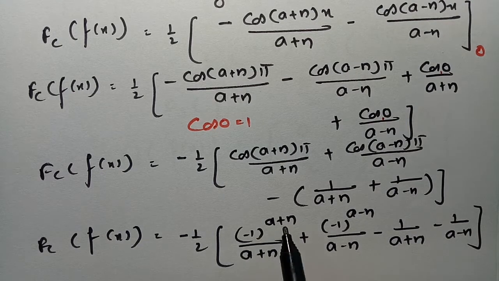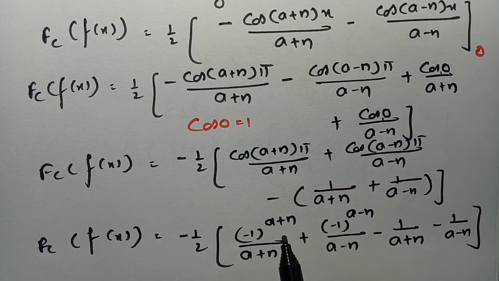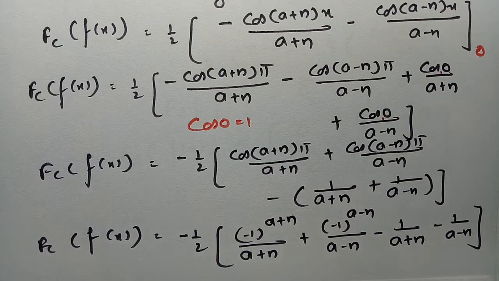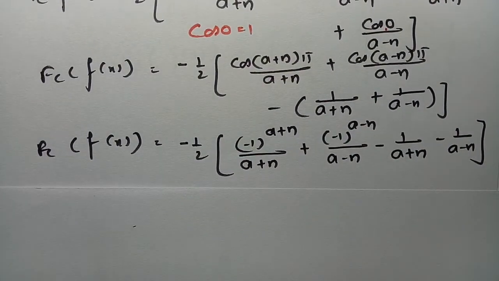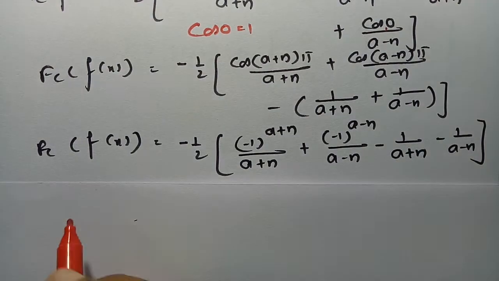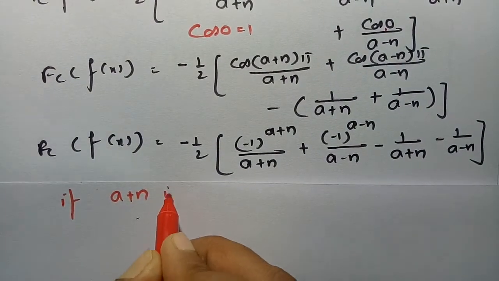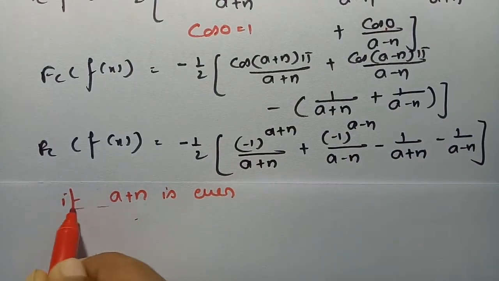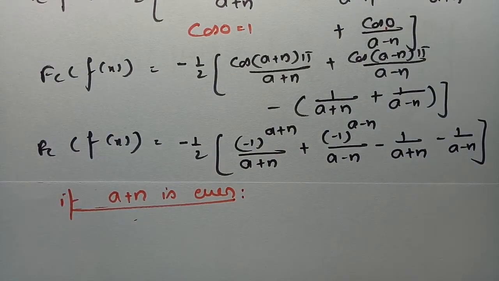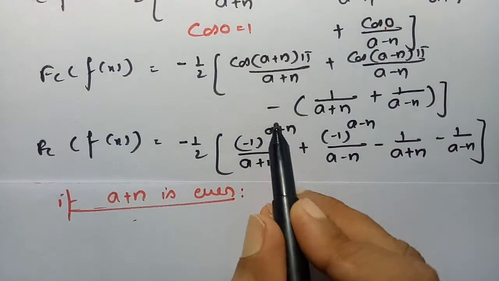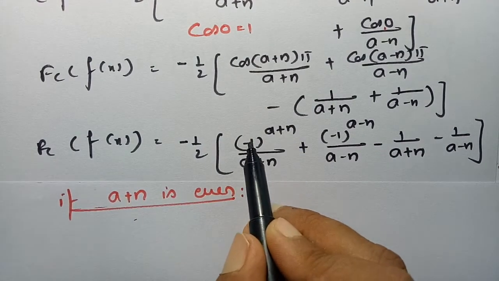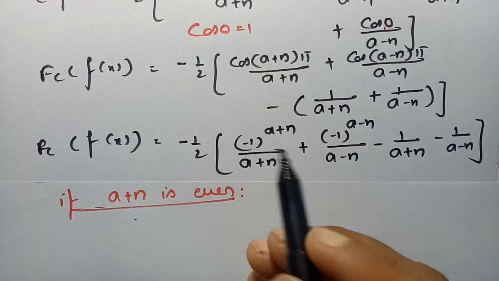then see there are two conditions here. If a plus n is even, for example if it's 2, then minus 1 into minus 1 will be plus.